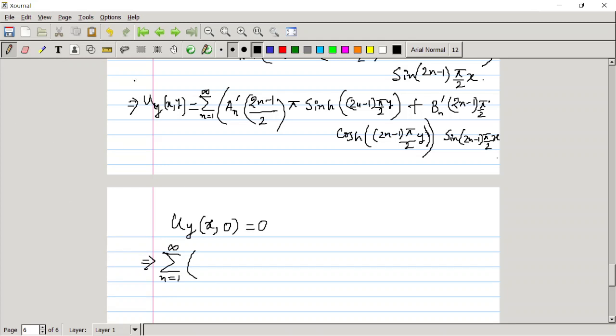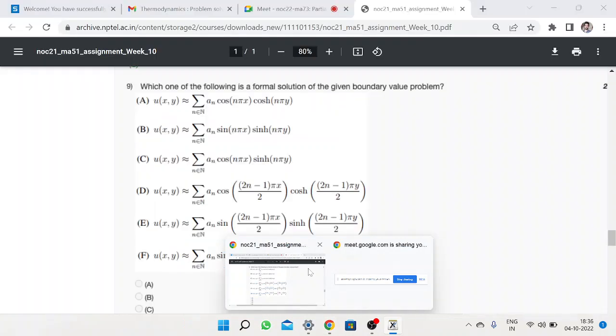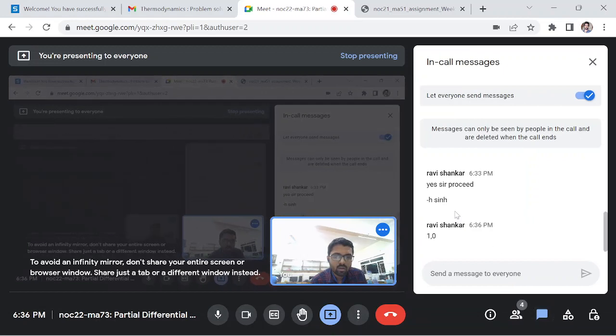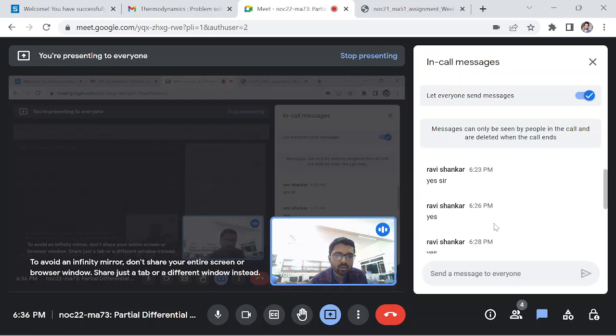Okay, it is 0 and 1. Yes, perfect. For cos hyperbolic it is 1, and for sine hyperbolic it is 0.